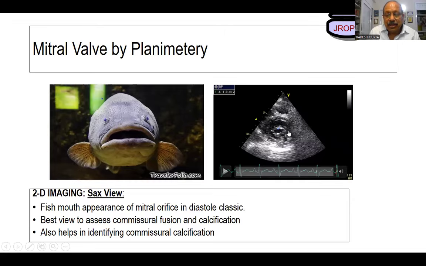Whenever we do a balloon mitral valvotomy, we are not going to split the valve leaflets. We are going to split the commissures to increase the size of the valve. That's why the parasternal short axis view at mitral valve level is the best place to look for the commissures as well as the mitral valve.